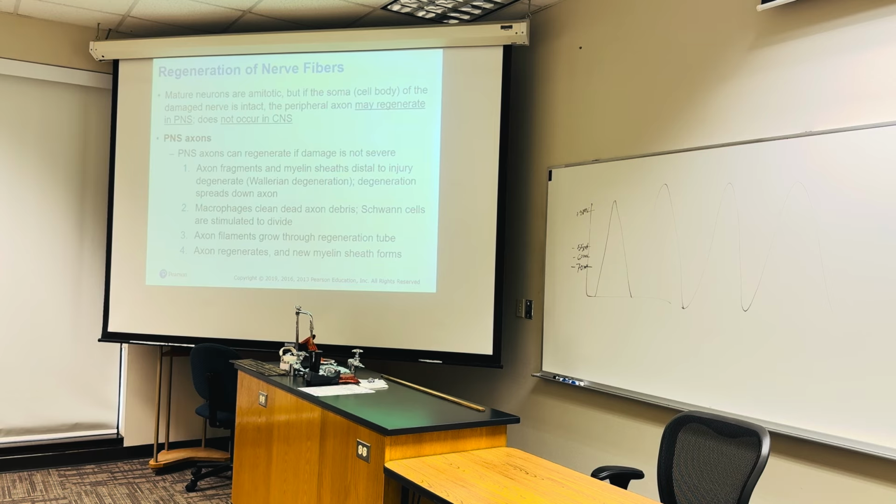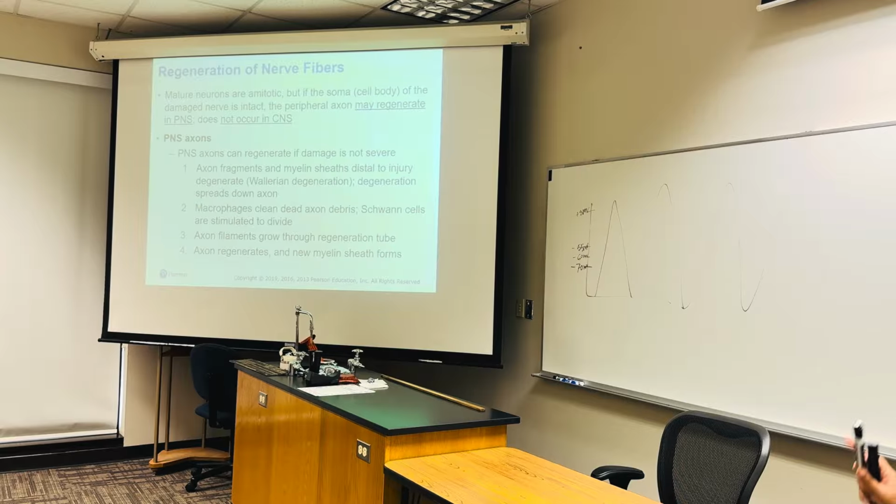We call them macrophages. The macrophages phagocytize and clean dead axon debris. Then what happens? Just to let you know, Schwann cells are not neurons. They are neuroglia. Remember, you had two different types of cells, neuroglia and the neuron.